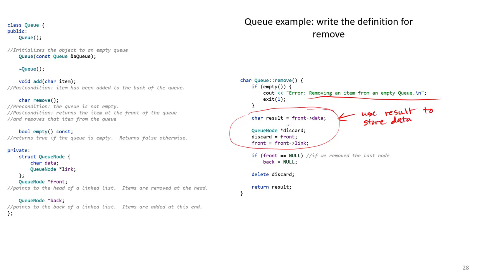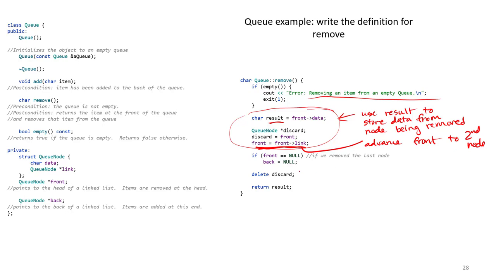So we use the variable result to store the data from the node being removed. And notice that we also advance front to the second node. So we actually move our front pointer to the next node in the list.